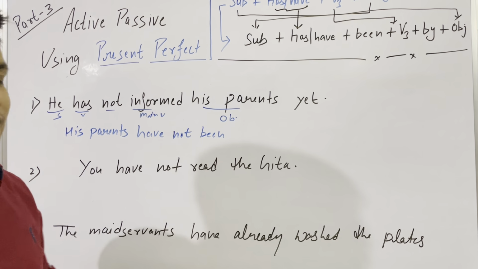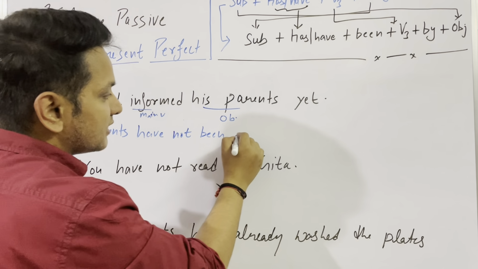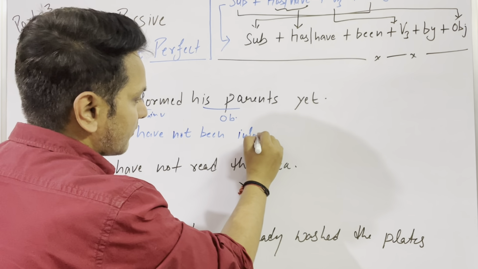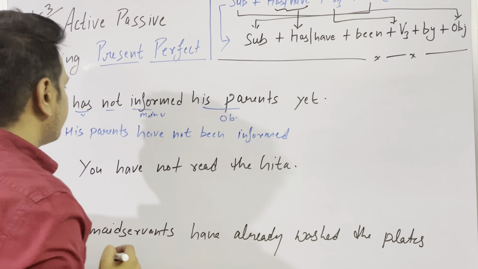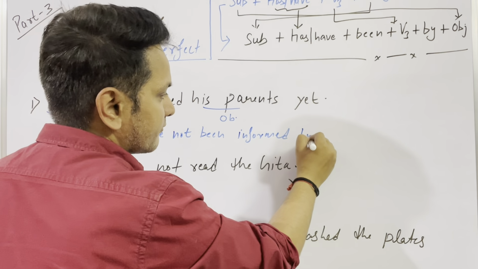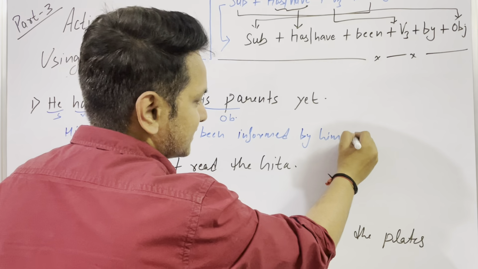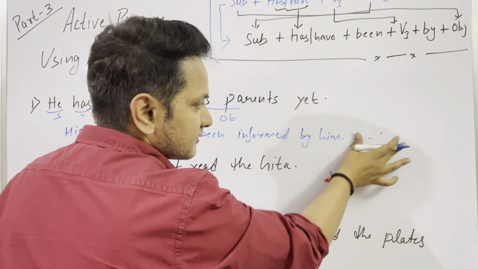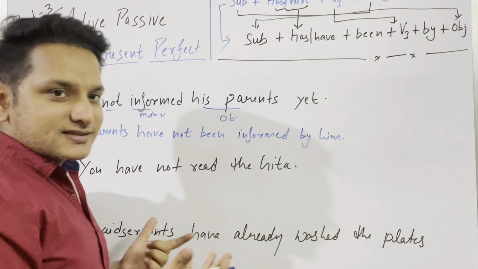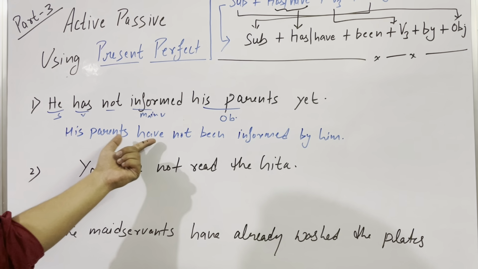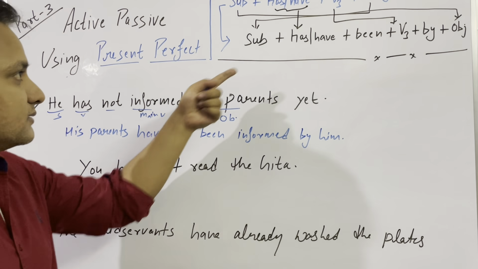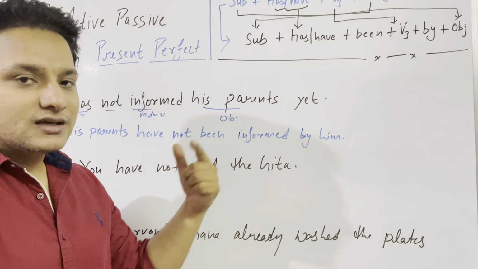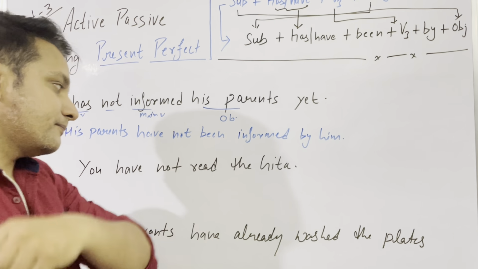Have not been, right? His parents have not been informed by him yet. You can use it like this. Even if you finish it here, that's a correct sentence. So his parents have not been, V3, informed by him, right?